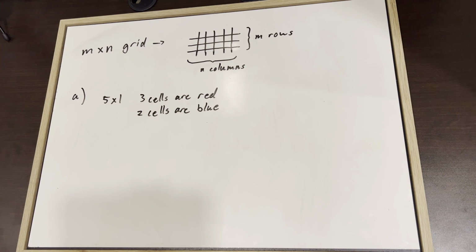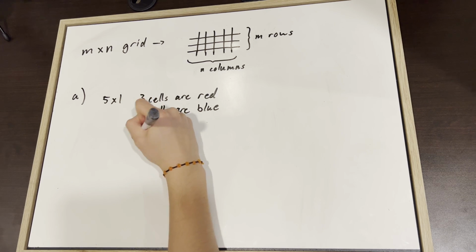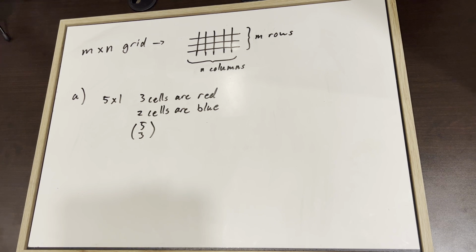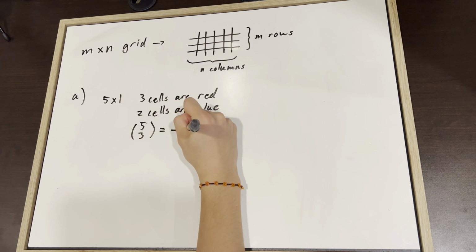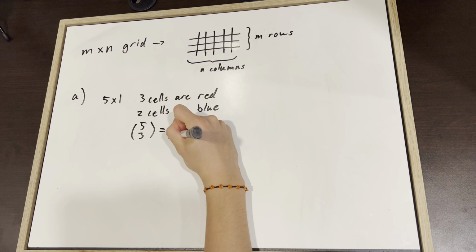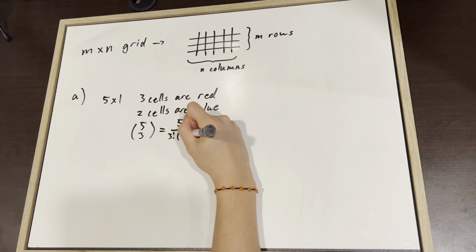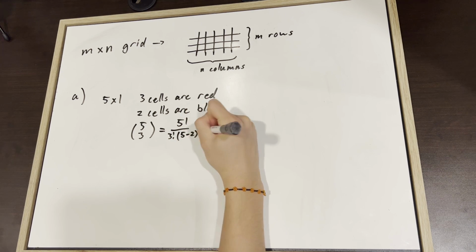Since a cell can only either be red or blue, we can just do 5 choose 3 to find the number of red cells, and the blue cells will just follow. This works out to be 5 factorial over 3 factorial times 5 minus 3 factorial.